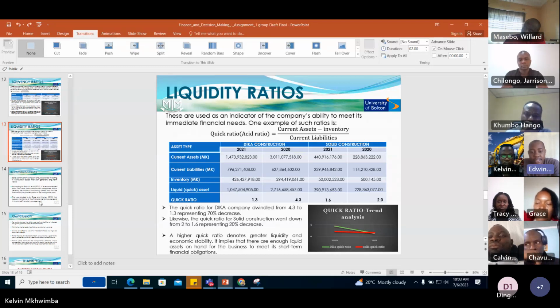Here it's indicating 4.3 and there's a decrease to 1.3. The decrease was huge, but you also mentioned that a higher ratio does not really indicate that the company is able to pay off its loans. Sometimes it's an indication that there are a lot of underutilized assets. So for these firms or any other firms, maybe it can be a general question: how can a firm utilize its assets, and to what average do we intend the ratio to be? Thank you.